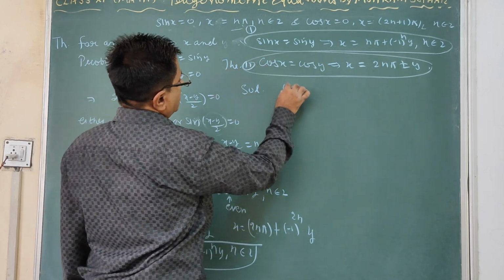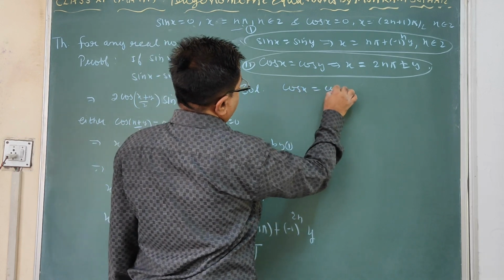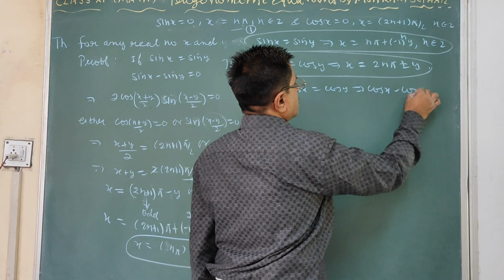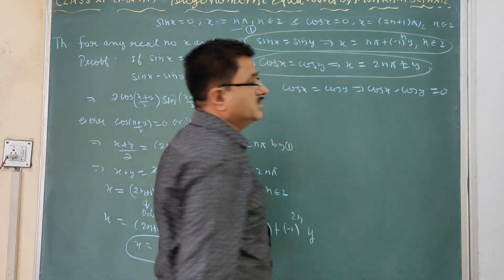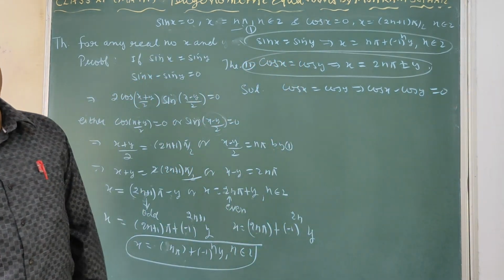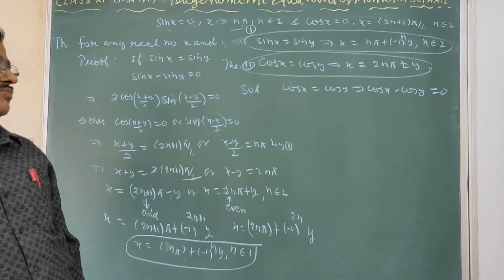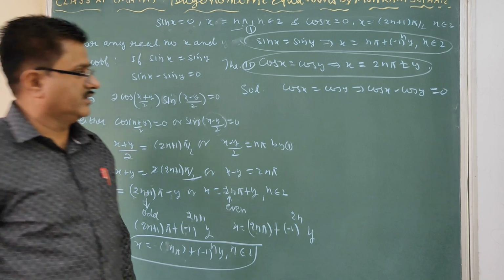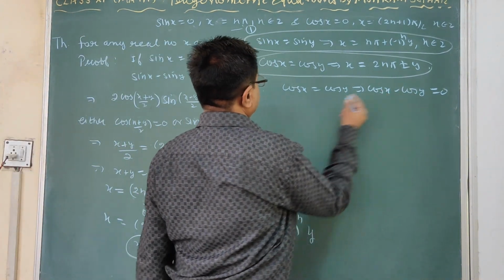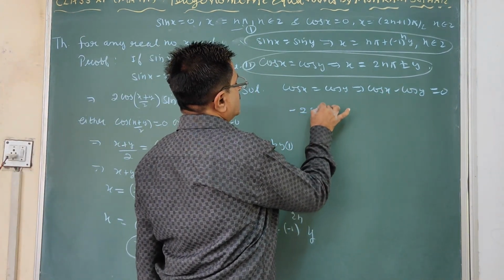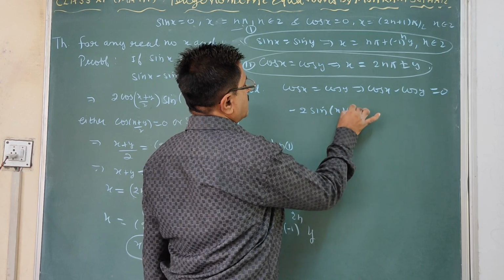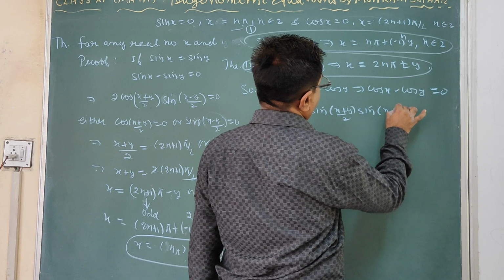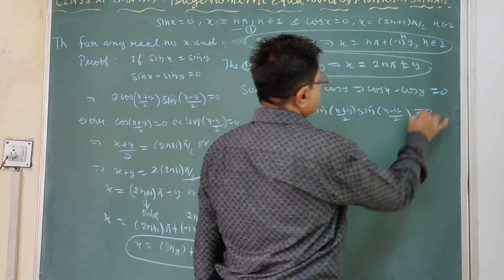So the solution says, as we have given cos x equal to cos y, or cos x minus cos y equal to 0. Now in the previous class you saw the formula for cos x minus cos y, which will be converted in terms of sin. We told you the formula yesterday: minus 2 sin (x plus y)/2 into sin (x minus y)/2 equal to 0.